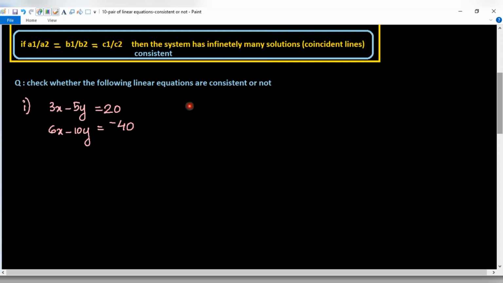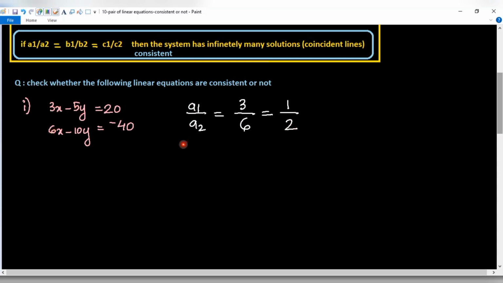No issues. So a1 by a2 is 3 by 6. This is a1 and this is a2. We can divide 3 by 6 by 3, so it is 1 by 2. This is a1 by a2.